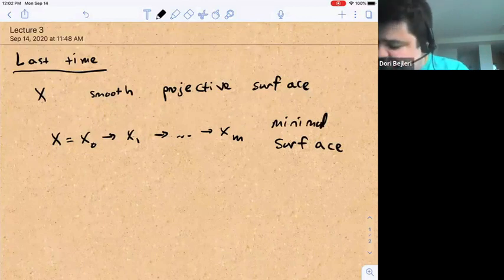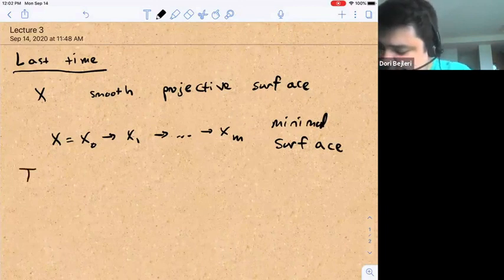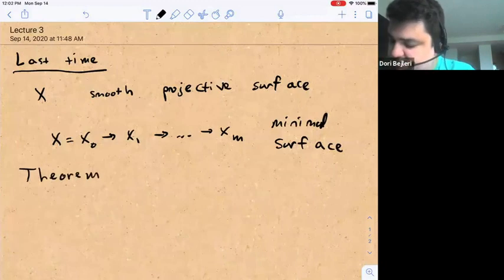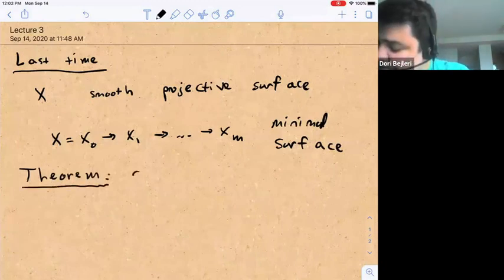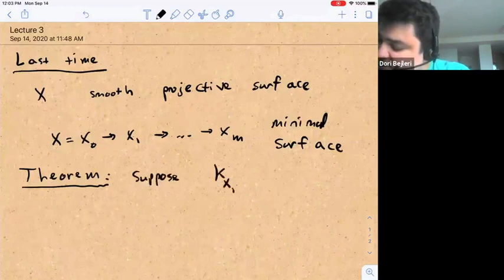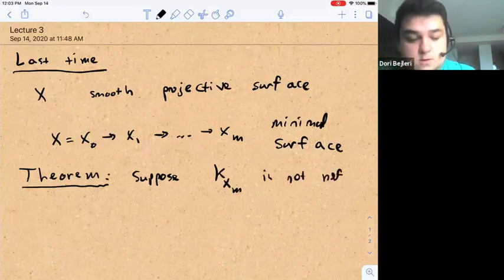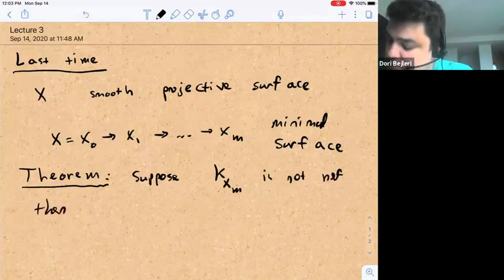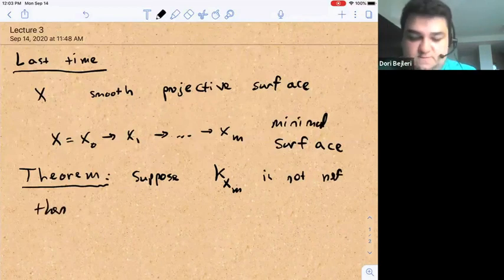So today we're going to focus on the case where the canonical bundle of X_M is not nef. So let me write down the final theorem we're going to sketch the proof of today, which is that if K_{X_M} is not nef, then X_M has one of the following two forms.